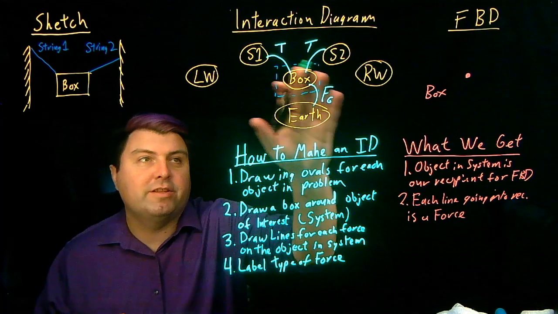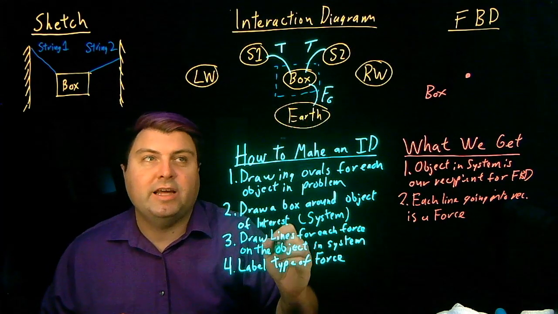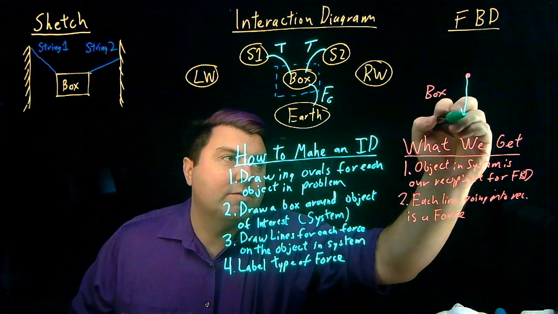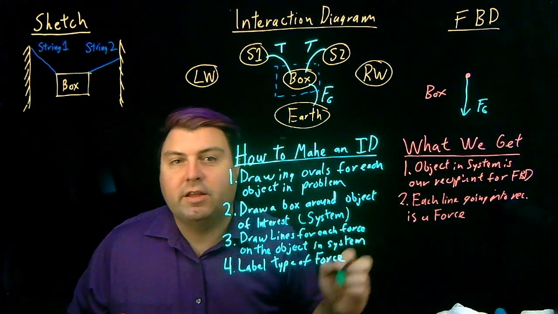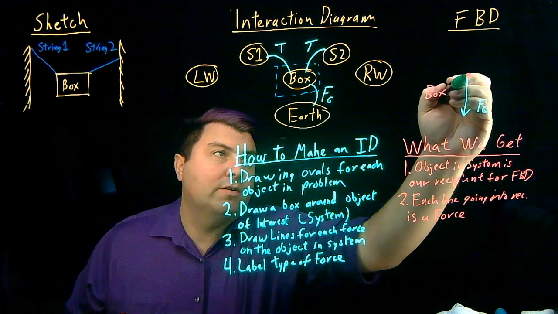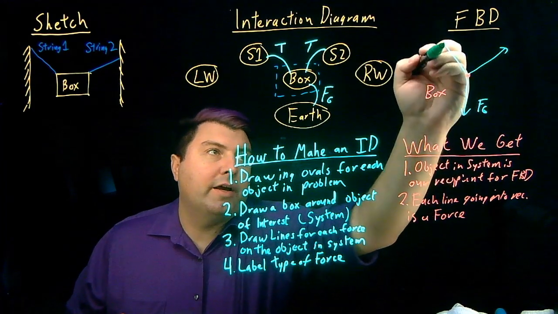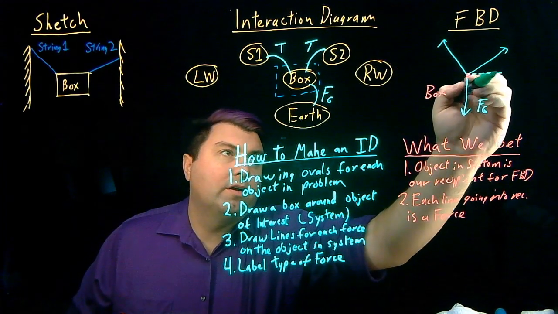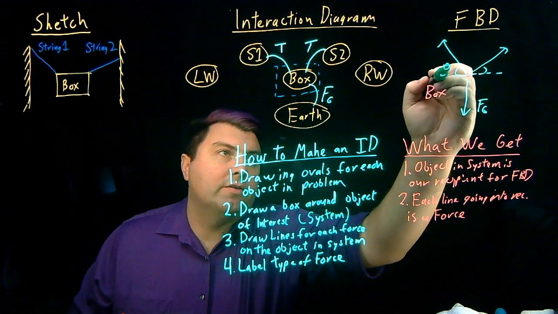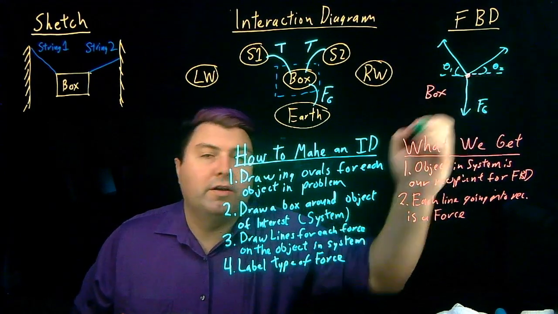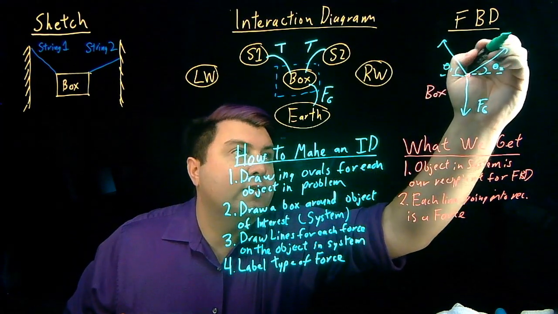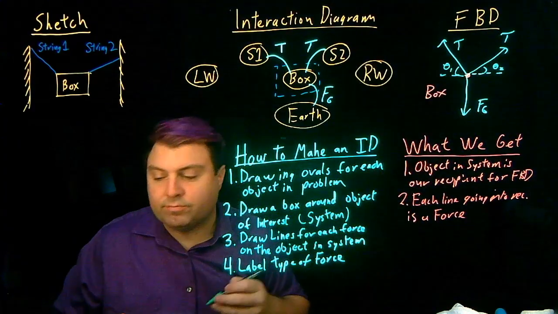I do have to then figure out angles and things like that. But I can look at this, force of gravity from Earth, and that tells me that I have this force of gravity. I then have this tension, and then I have this tension. And what I probably want to do is label some angles, theta 1 and theta 2, for me, more so. And we have then a tension and a tension.